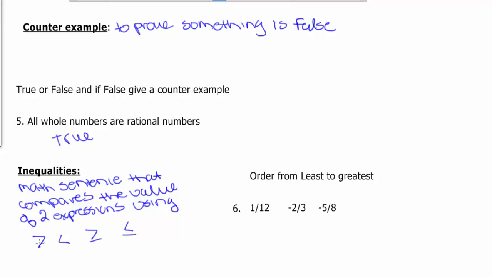Remember, the alligator or Pac-Man eats the bigger number. So this is greater than, less than, greater than or equal to, because it has the little equal sign under it, less than or equal to.